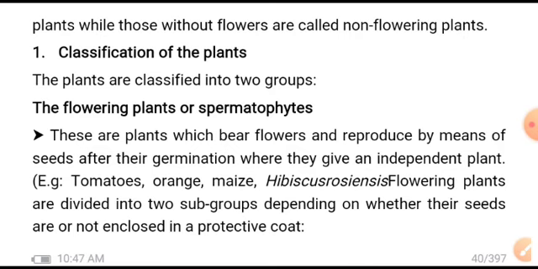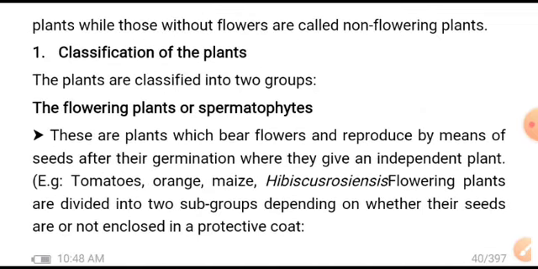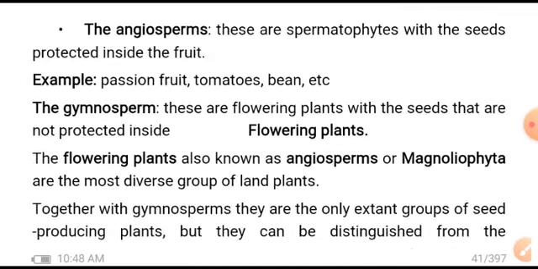So here we are going to first explain the first class of plants, where we find flowering plants and non-flowering plants, and we are going to see the flowering plants, also called spermatophytes. They are plants that bear flowers, and they can be classified into two subgroups according to whether the seeds are coated or not coated. Here there is what we call the angiosperm.